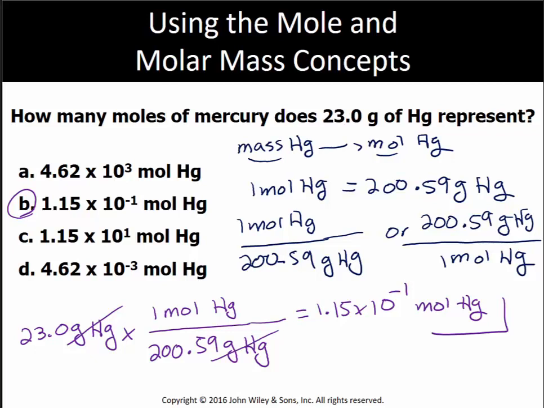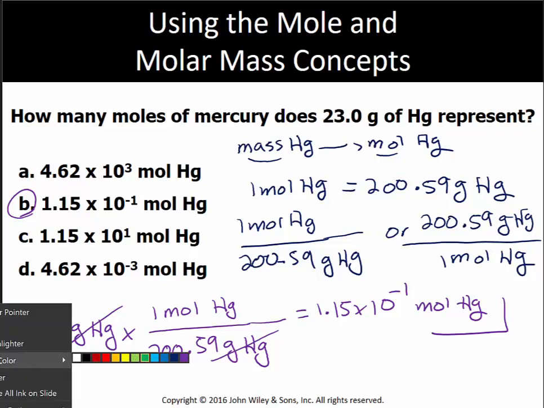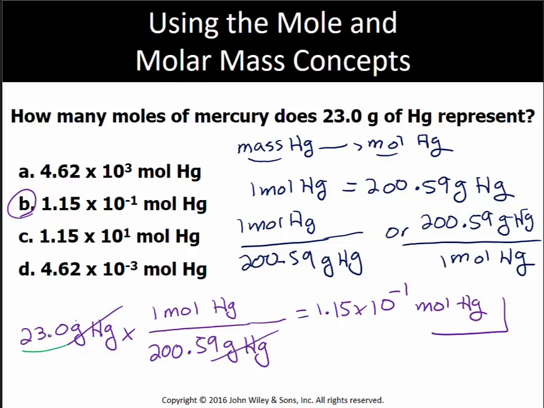Now, the other thing that I want to bring your attention to is the way I'm writing this. Please note that next to each quantity, there is a unit, and then a chemical formula for what it represents. All of this has to be in here.